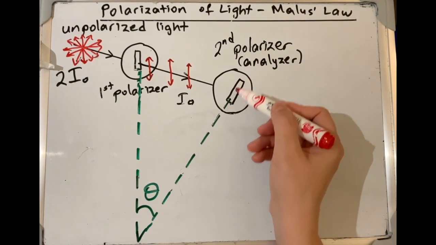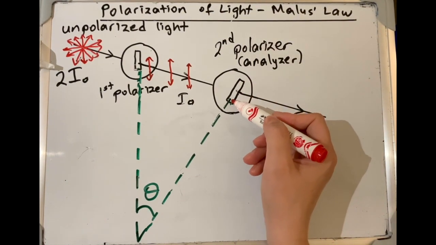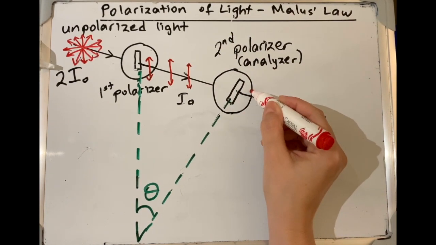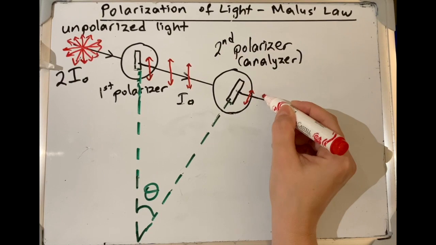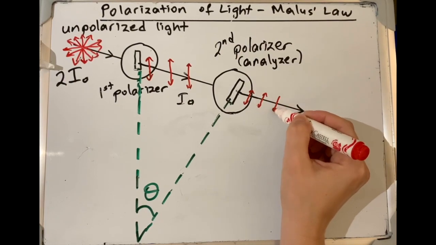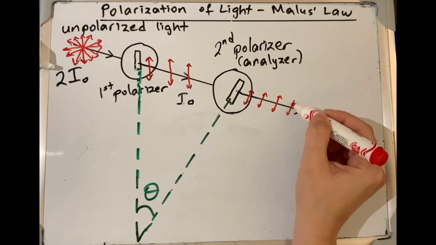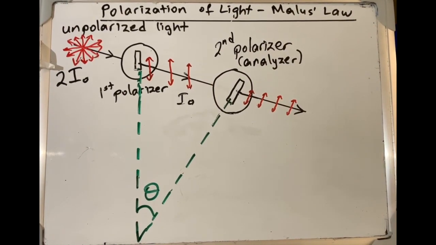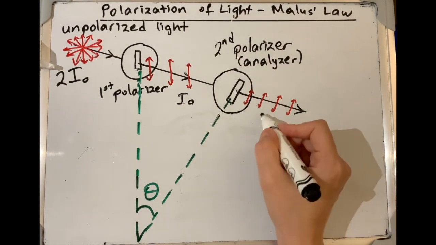Since this is the alignment of the polarization axis for the second one, only light that oscillates in that dimension can leave, which means my outgoing ray will have that alignment for its polarization. And let's label its intensity I.